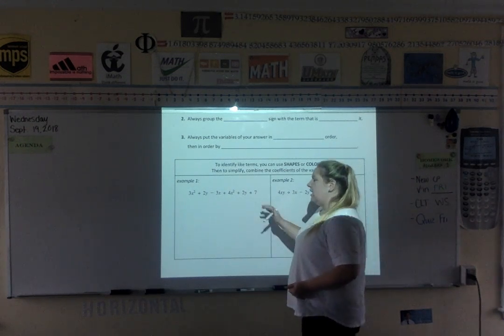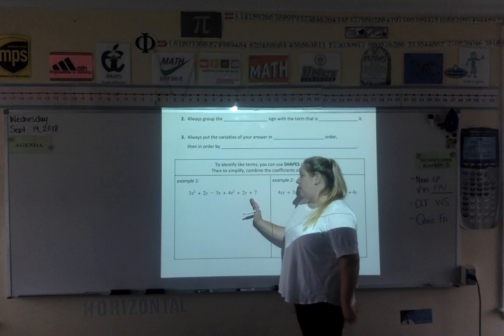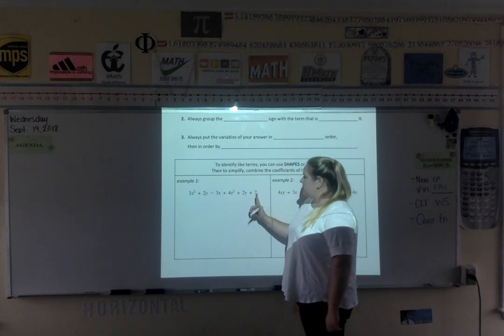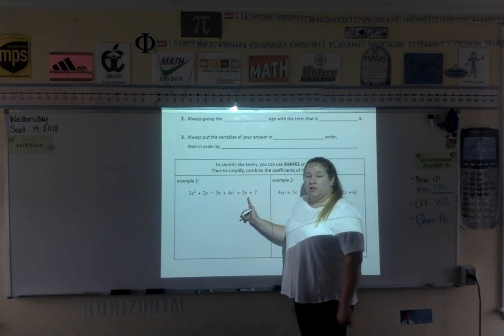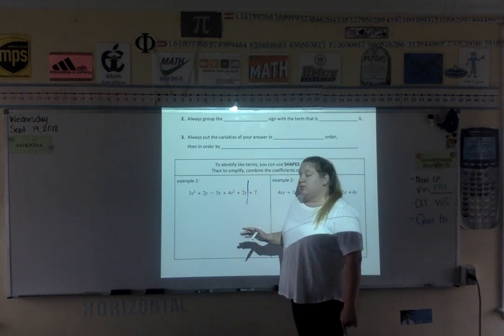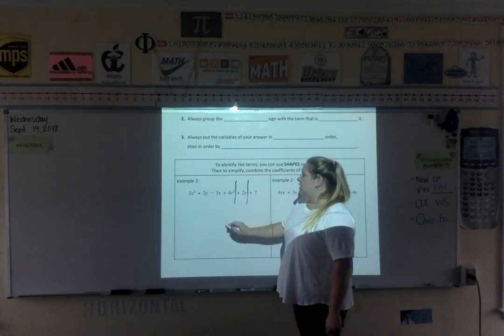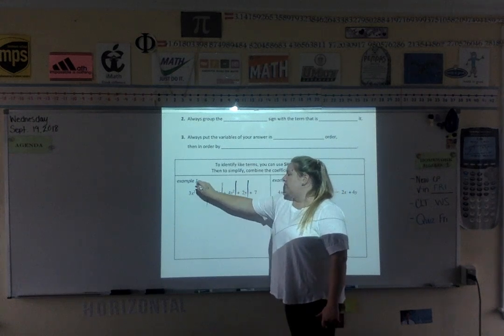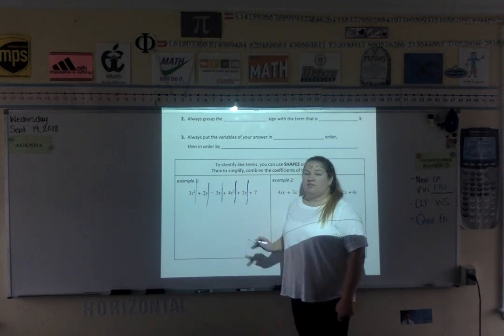So if it helps you, I always start from the back. So I'm in example 1 right now. And you see 7 at the end and a plus sign before it. So before that plus sign, you're going to draw a line. And every time you see an operation, you're going to draw a line in front of it. So you should have 5 lines now.